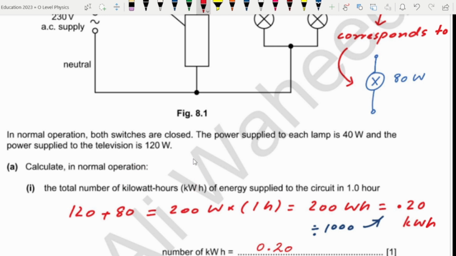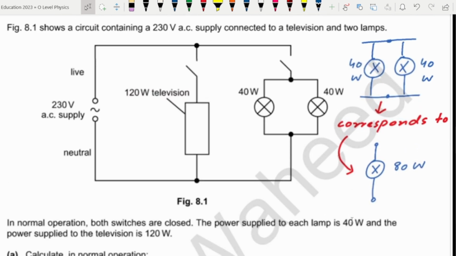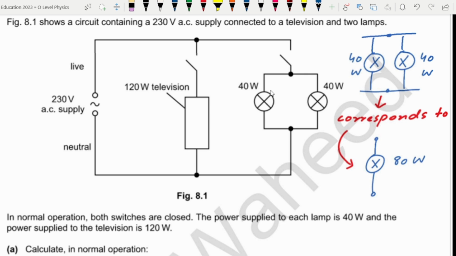In order to find kilowatt hours, you need to find first kilowatts, and then you need to multiply by the time that should be in hours. Since it is 1 hour, that won't make any difference. Whatever the value of kilowatts is, the same would be the answer. Now we need to calculate the number of kilowatts, and for that one, all 3 of them are connected in parallel. What do we do when devices are connected in parallel? What is their total power?